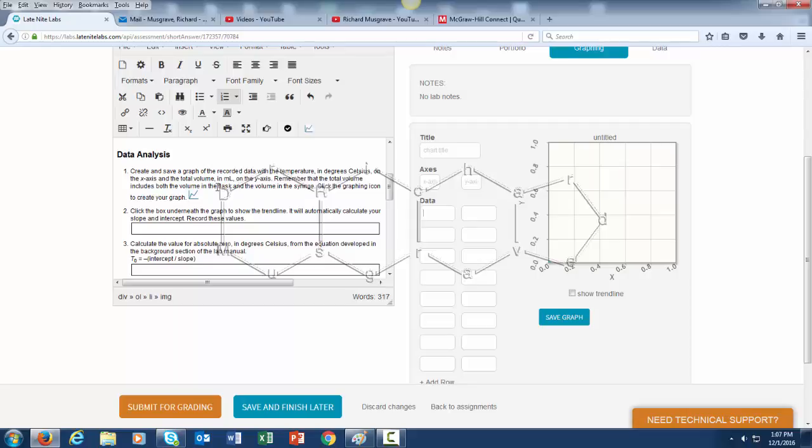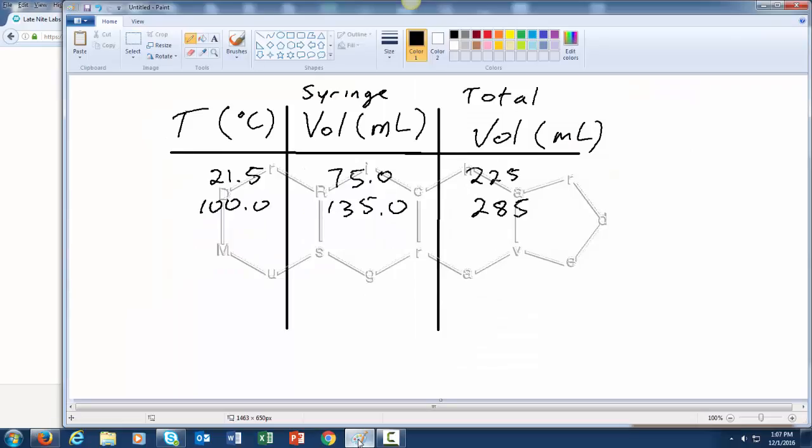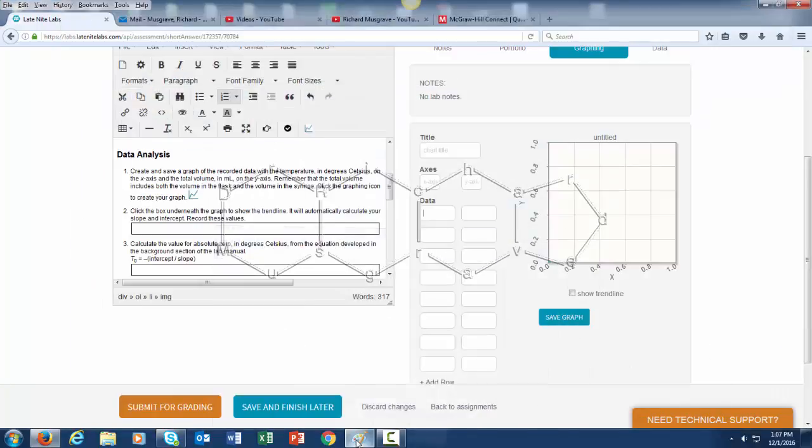Now it's important that we obey exactly what this says, otherwise our graph won't work out properly. Alright, so temperature on the x-axis and volume on the y-axis. So we've got 21.5 and 225. Remember that's the total volume.